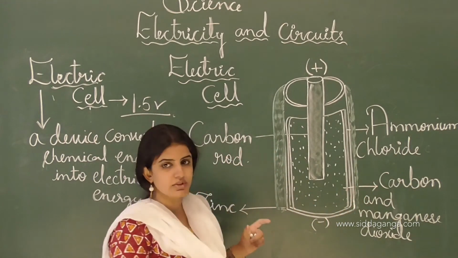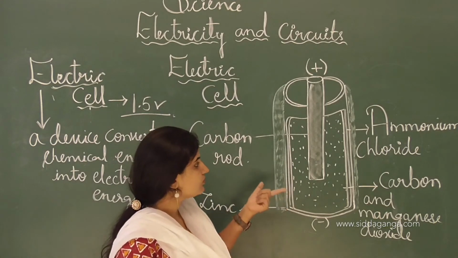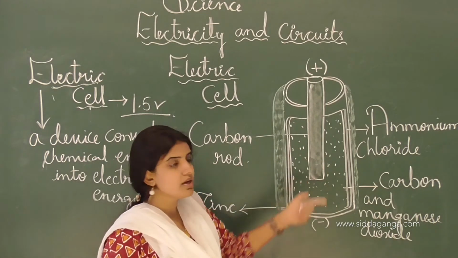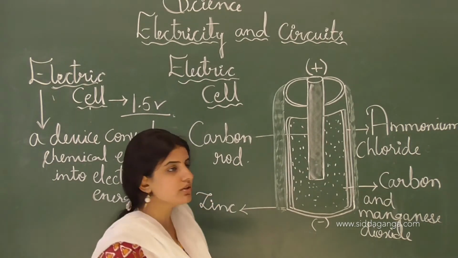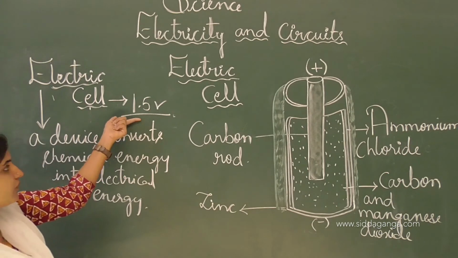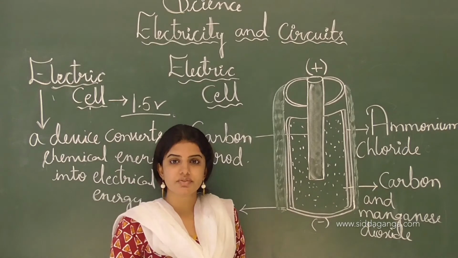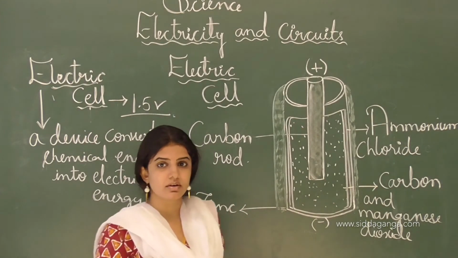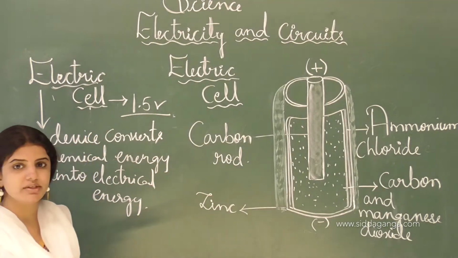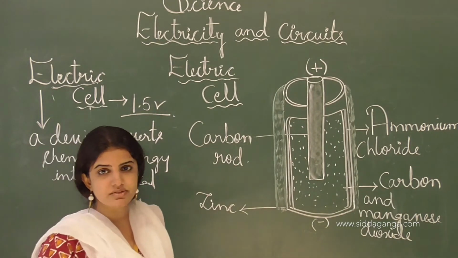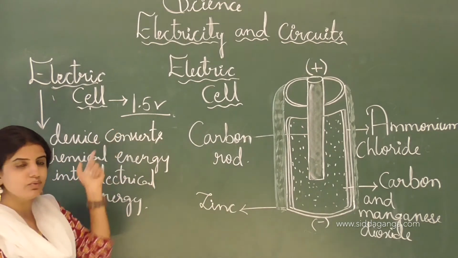When they are mixed together, when the reaction starts and goes on, these chemicals will mix with each other so that electricity will be produced at a small voltage, that is 1.5 volts of electricity will be produced in the dry cell. Based on the different types of cells, different voltages are written on them. And if it is a small voltage, it means the cell is 1.5 volts.